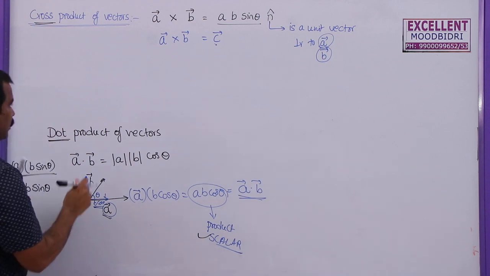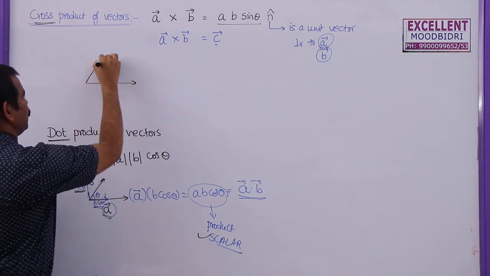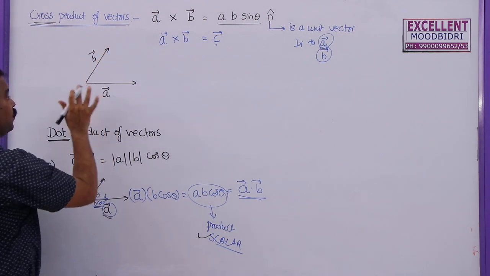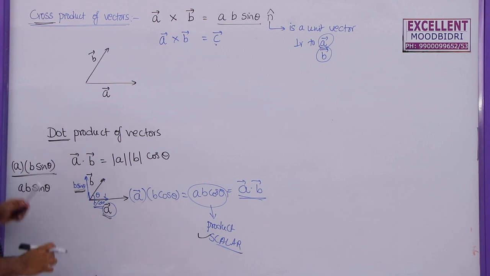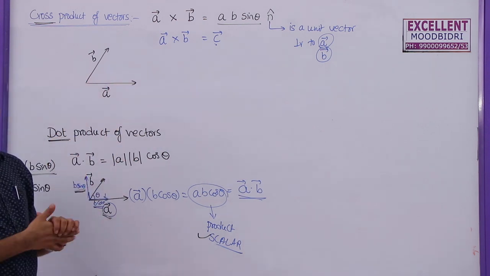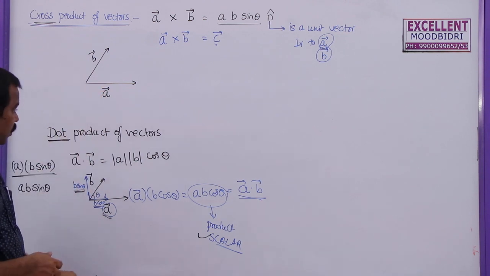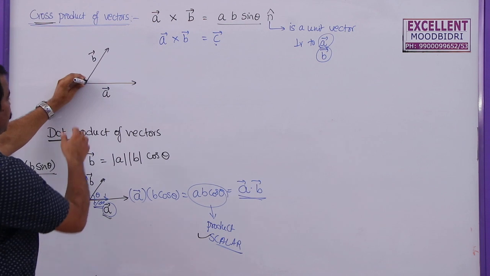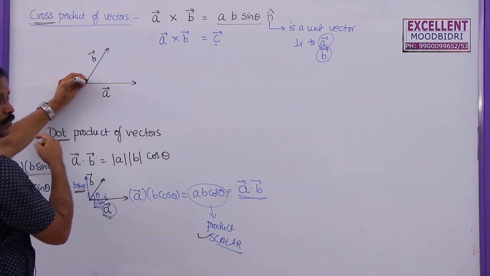If there are two vectors here, let me take the same vectors. This is A bar, let us say this is B bar. Both are in x, y plane because this is x axis, this is y axis. So according to that statement, the product of these two vectors is always perpendicular to A bar and B bar. Now let me take this perpendicular vector which is perpendicular to both, means for this plane. So this is the only possibility.